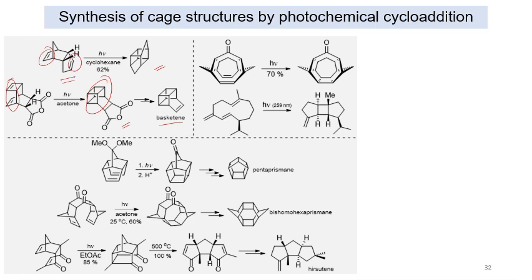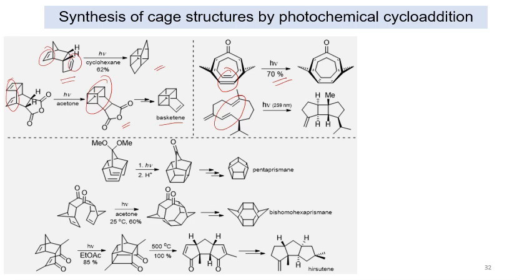In this particular case, you can see here these two olefins react to give you this beautiful cage structure in very decent yield. In this particular case, there is a transannular cycloaddition to give you this tricyclic fused system.